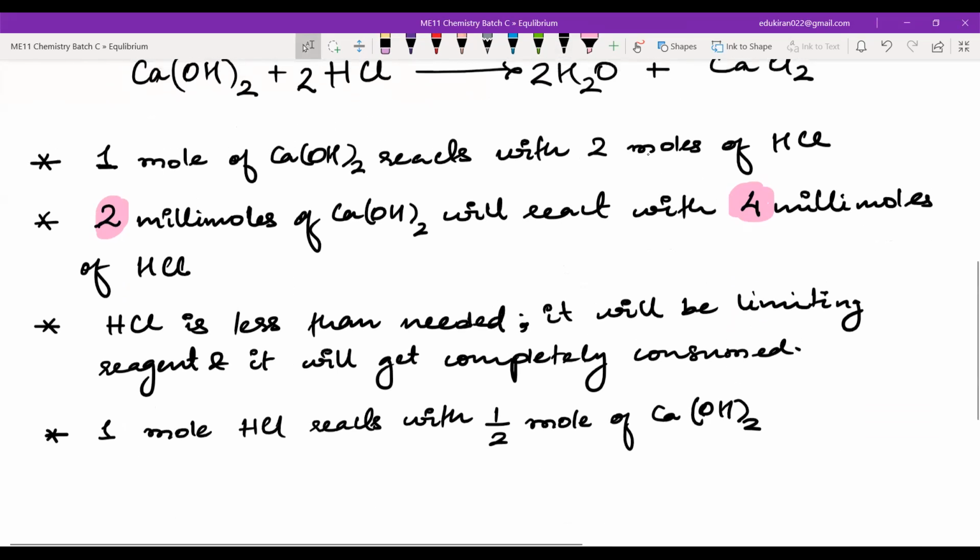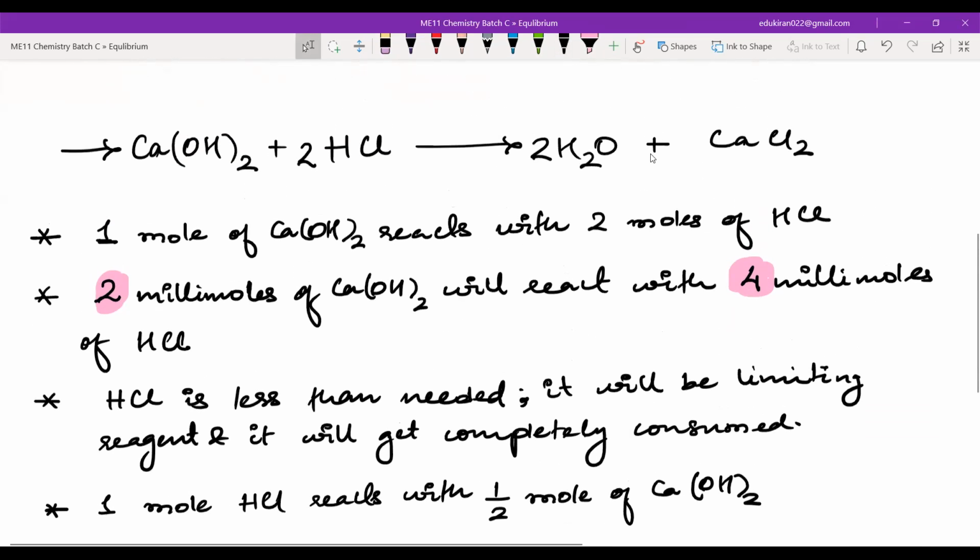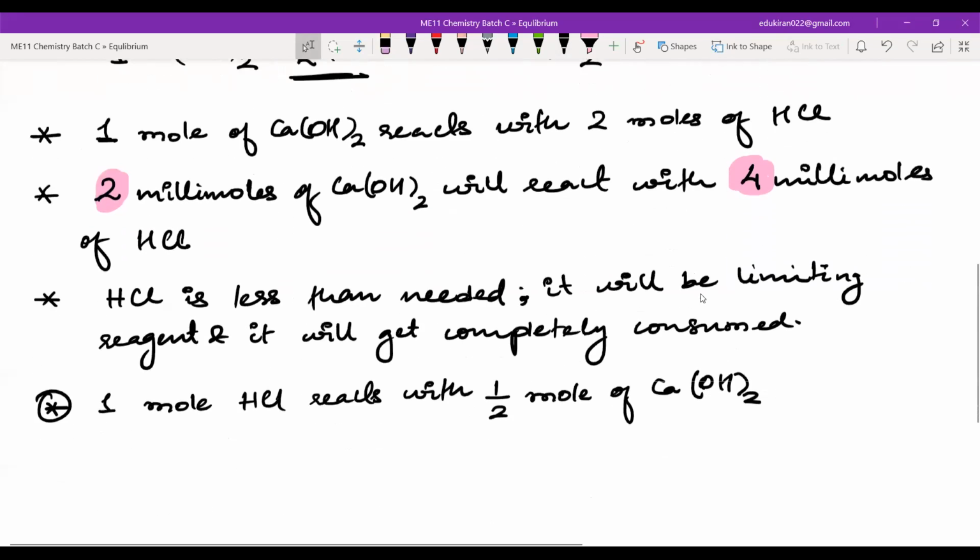Just read this statement and this equation and tell me, is it perfectly fine? Here we have 1 Ca(OH)2 and here we have 2 HCl. Half of it is required. So for one HCl, we will require half of Ca(OH)2.